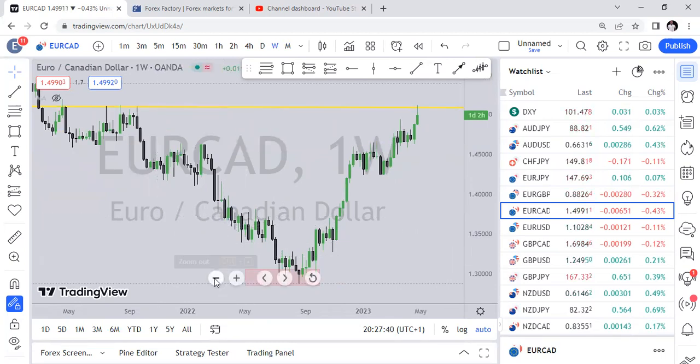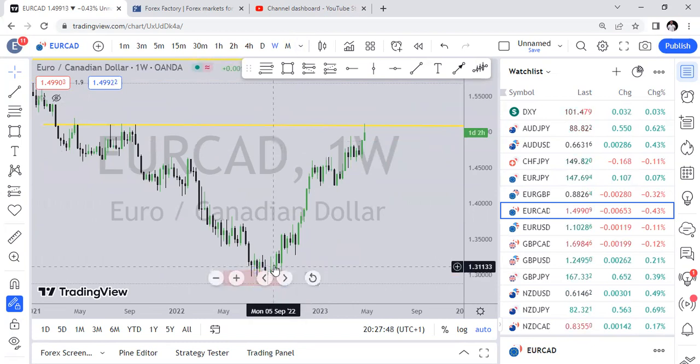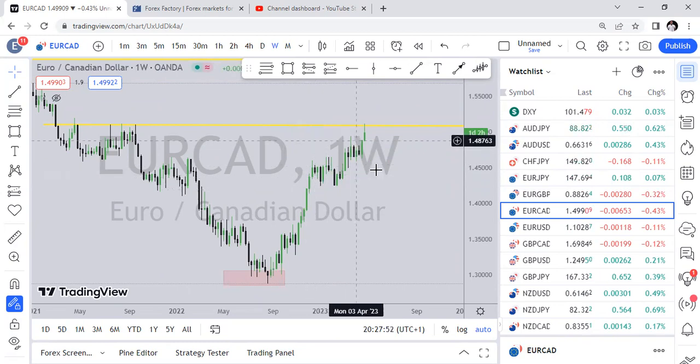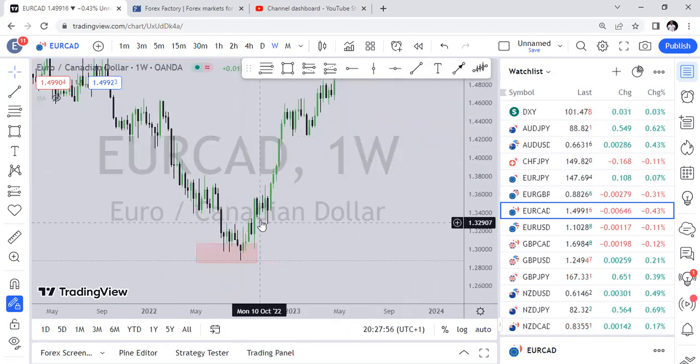On the weekly, we also note that just like in the monthly, we've had the market going up. We have more green candles. Just on rare occasions did we have black candles.